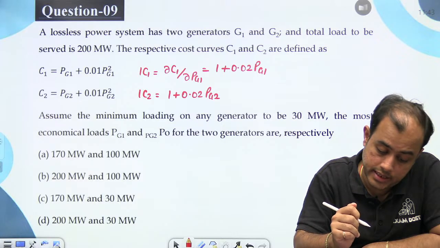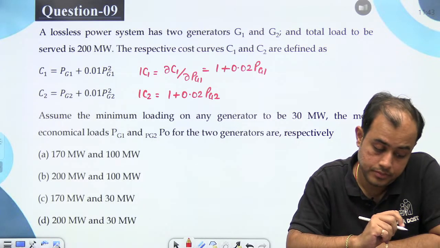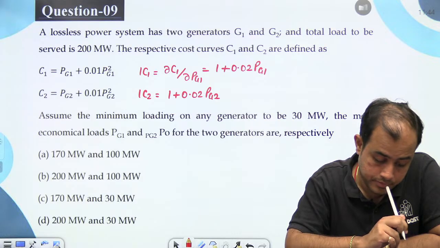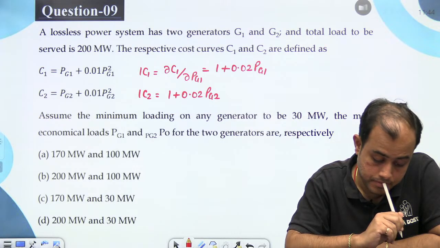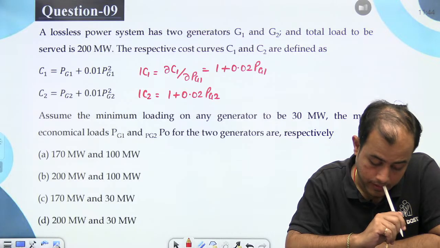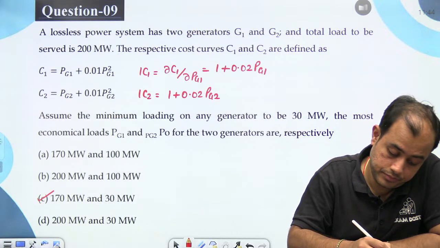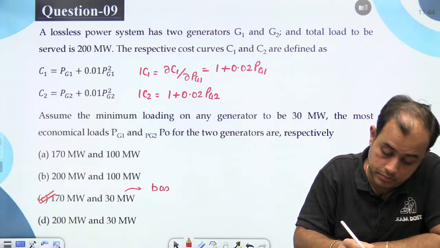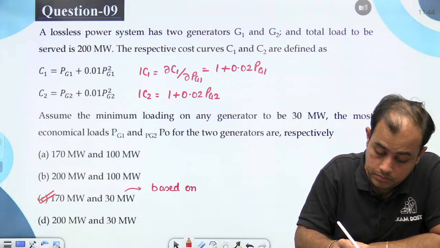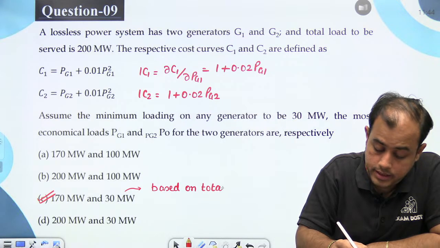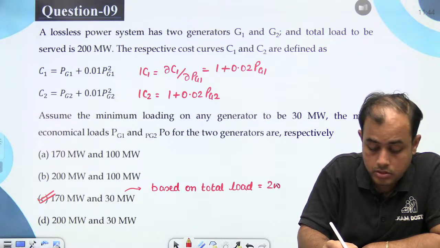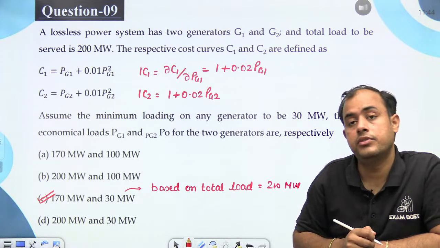Minimum loading is 30. Total load is 200. ये तो डायरेक्ट ही हो गया यार. Total load is 200 only in one situation.